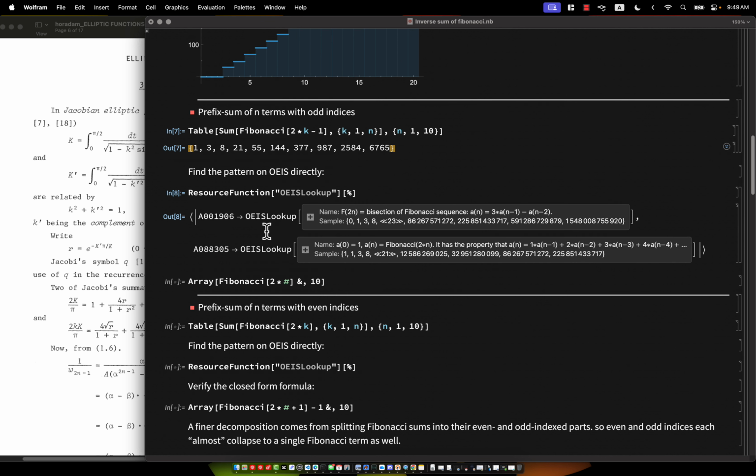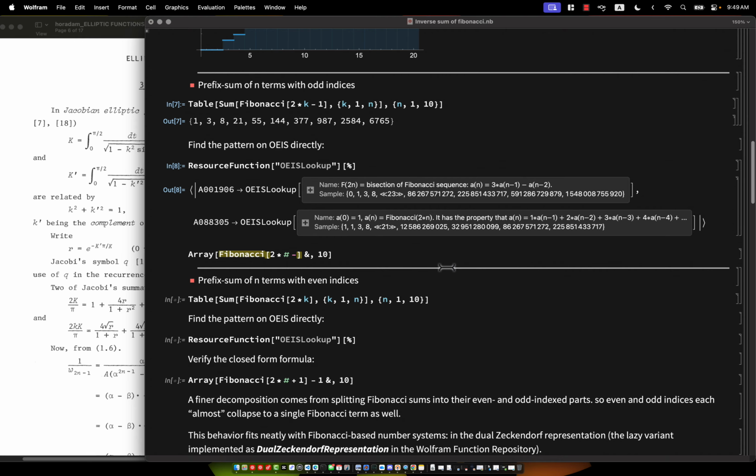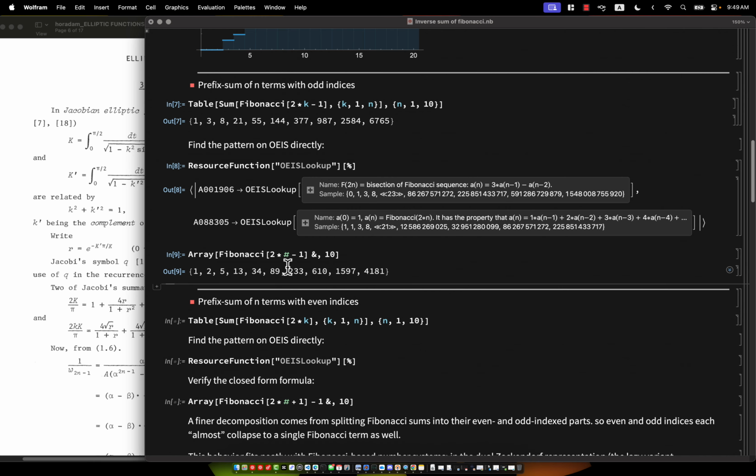And this is a term that you can check with the Fibonacci numbers. If you look at these odd terms and even terms, the sum of all the terms is exactly Fibonacci 2n, just like what it says here, right?